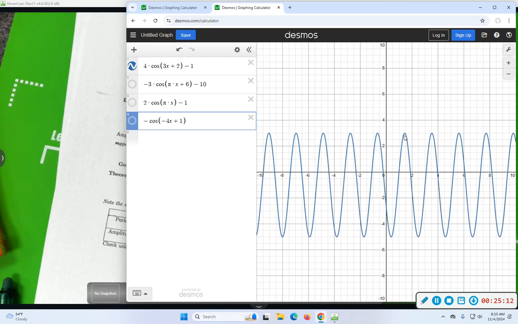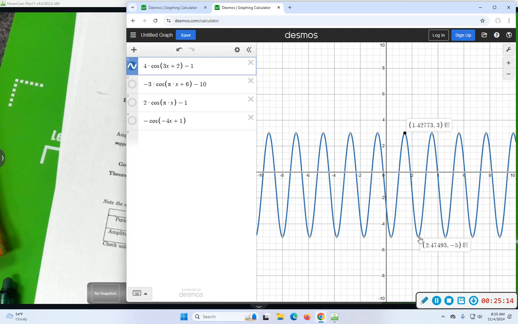By looking at this graph, maybe I'll highlight some points. What seems to be the maximum value of this blue periodic function? 3. What's the minimum? -5. So the amplitude should be 3 minus negative 5, so that's 8 divided by 2. Yeah, that's 4.